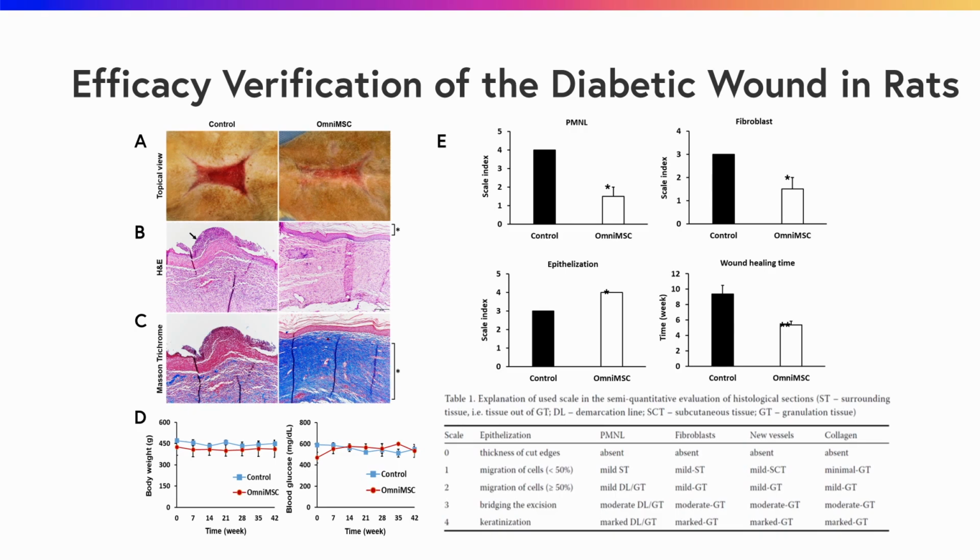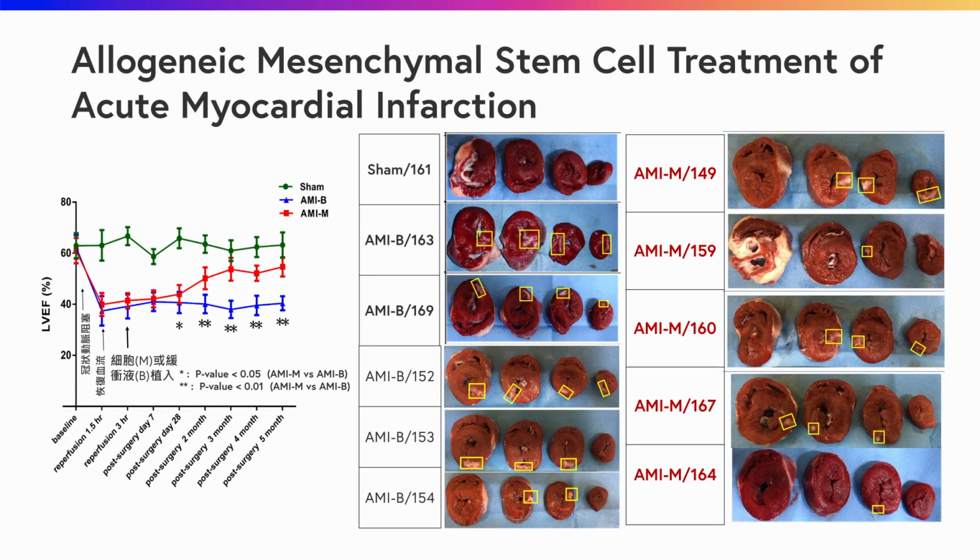We can also see that the inflammation of this wound is reduced by the cell therapy process. Another example of clinical use, which we now have in IND open condition, is acute AMI, myocardial infarction. We used a porcine model to test in the clinical condition.